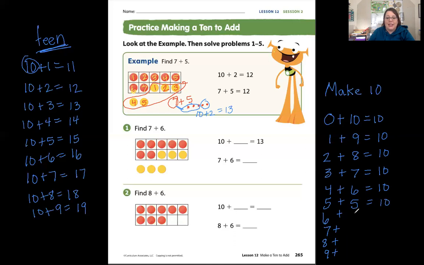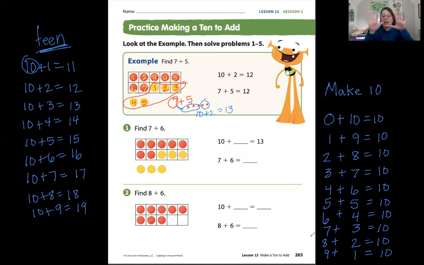Again, 6 plus 4 equals 10. 7 plus 3 equals 10. 8 plus 2 equals 10. 9 plus 1 equals 10. So think about how you can make 10 really quickly off the top of your head.